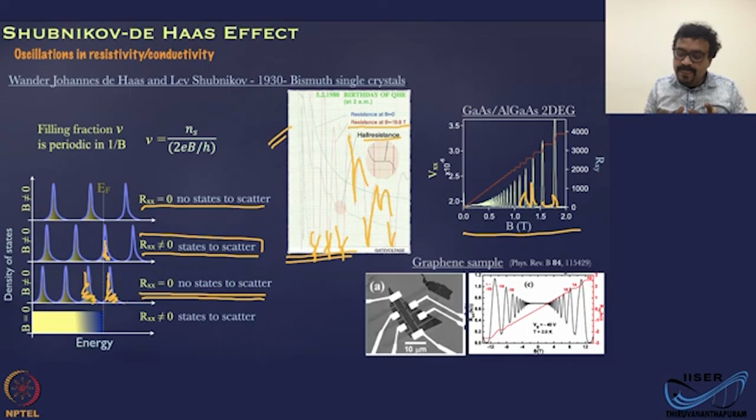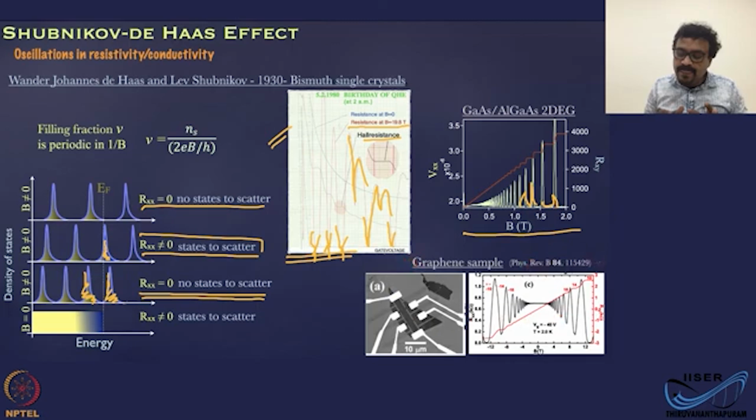Now, whenever you have no states, that means in this configuration or in this configuration, here or here, there are no states at the Fermi level to backscatter, so no resistance. That's what is happening here also. And this is for a graphene sample. The reference is here.